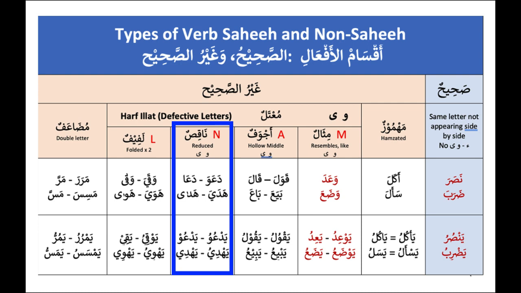After tabdil, da'a. Next example, hadayya. Hada. Original da'awa changed to its original mudariyo format, which is yad'u. So the original mudariyo format of da'awa is yad'u. But after tabdil process, after simplification, they made it yad'u.